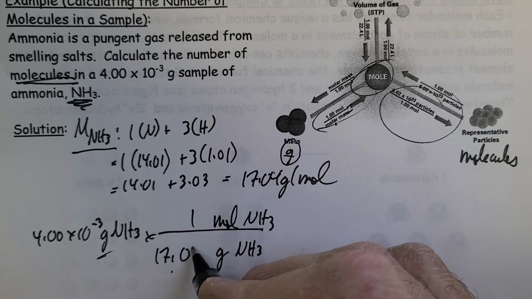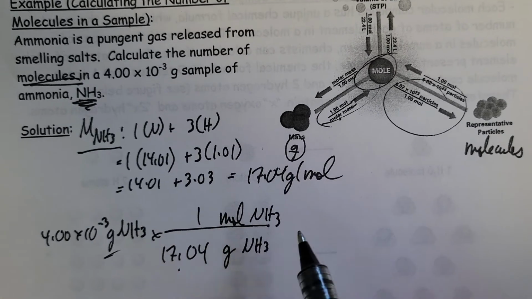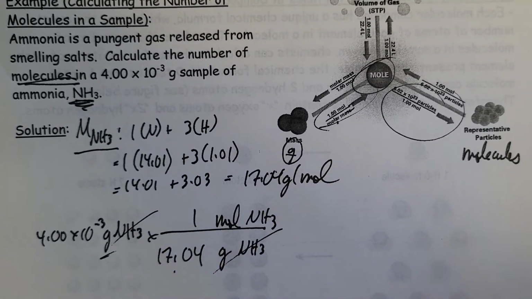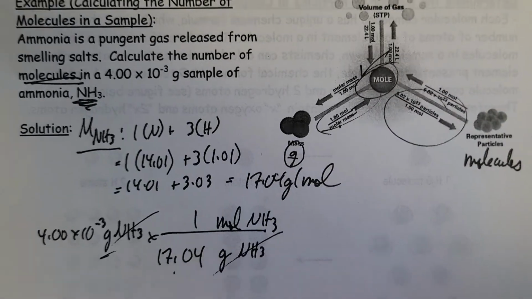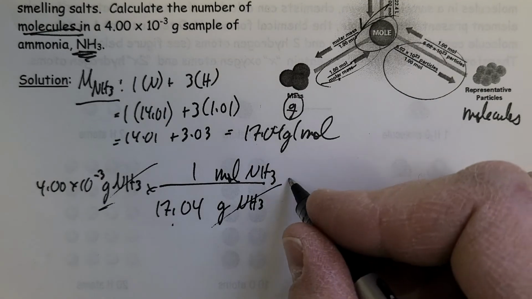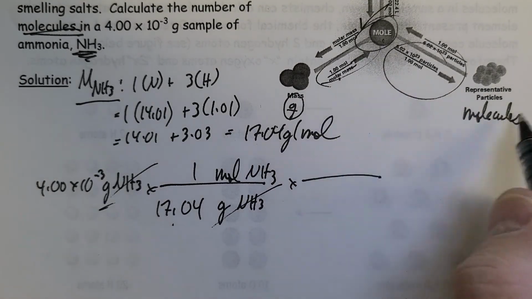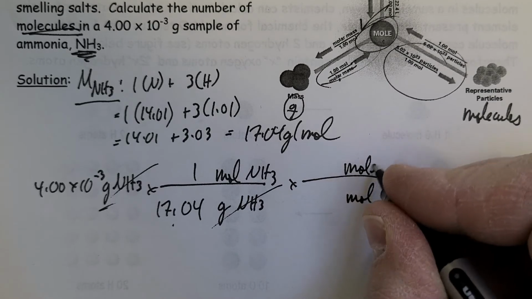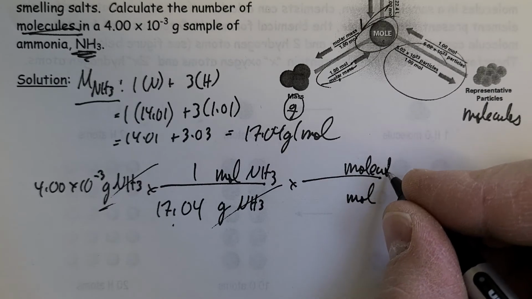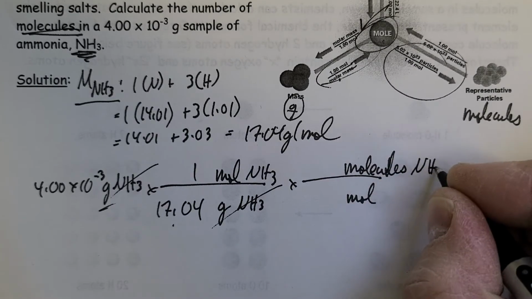And we use the molar mass. How much is in 1 mole? So if I was to stop here, I would end up with moles. So of course, I need to do one more step. Going from moles to molecules of ammonia.